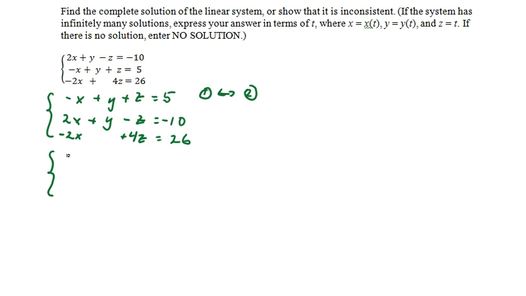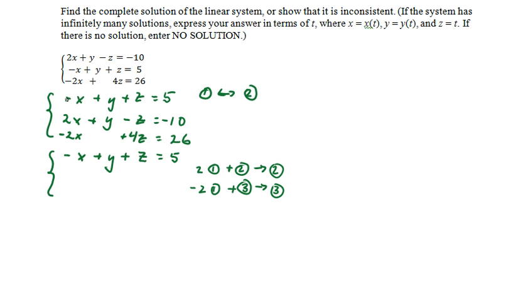So now I'll use equation 1 as the operator to get rid of the x's in the other two. So 2 times equation 1 plus equation 2 into equation 2 and negative 2 times equation 1 plus equation 3 into equation 3.